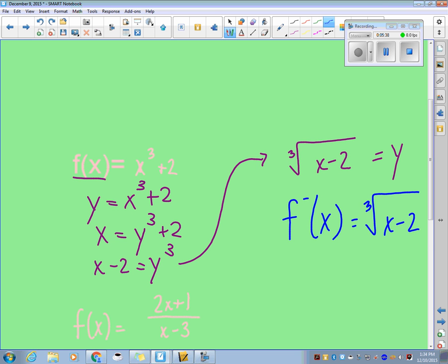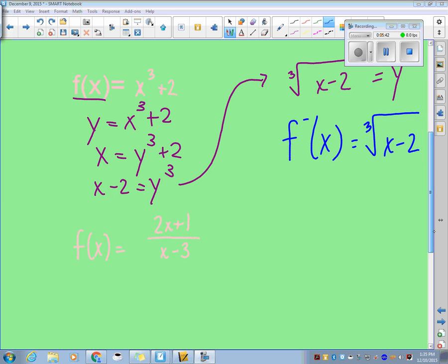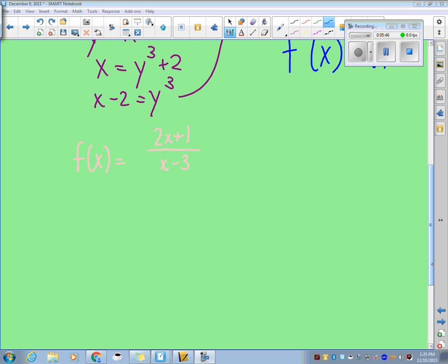So, in this one, again, we are going to write the inverse, and we're going to write the inverse by following the steps. We're going to first switch this to y instead of f of x: y equals 2x plus 1 over x minus 3. And so the next step, if you recall, was to write x in place of y and y in place of each x.